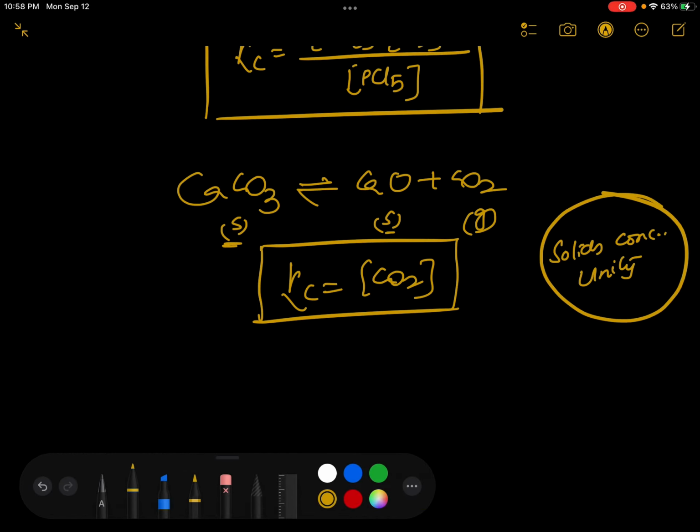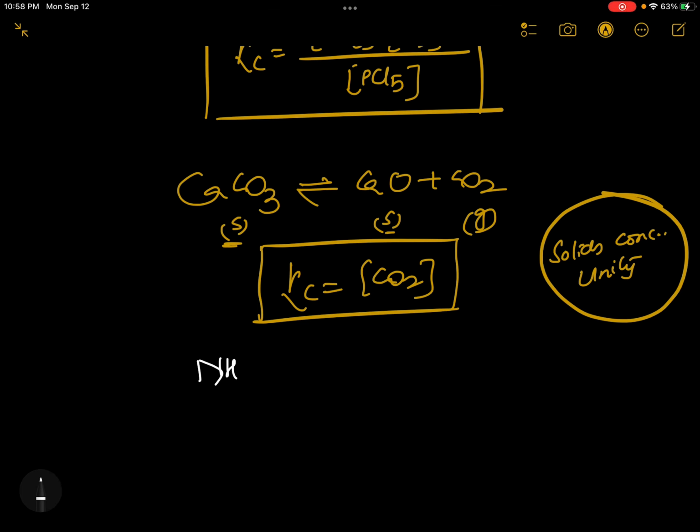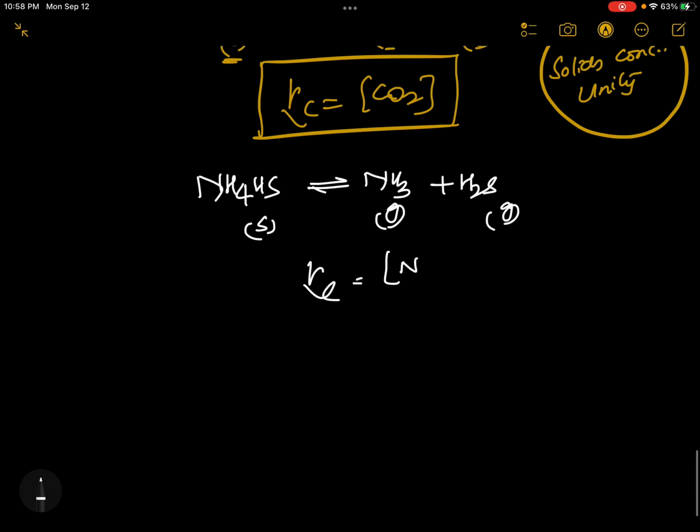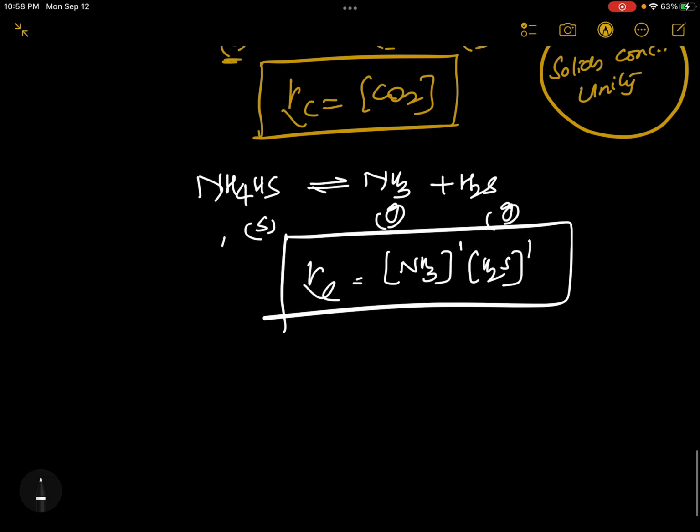One more reaction for your idea: NH4HS, ammonium bisulfide, which is a solid, gives NH3 and H2S. Both are gases. So Kc is equal to the concentration of ammonia times the concentration of H2S. The solid is not considered.